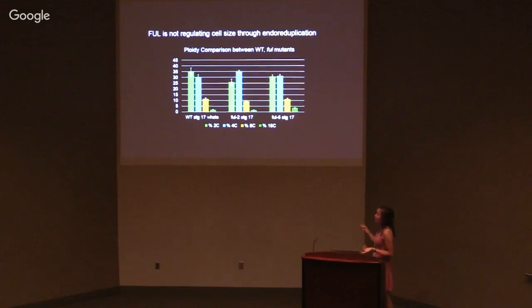They are all pretty close to each other. You might expect that because the cells of full 2 and full 6 mutants are much smaller than the wild-type cells, there would be lower levels of endoreduplication, but we're not seeing that pattern. So full must not be regulating cell size through endoreduplication, because we're not seeing any obvious pattern here.